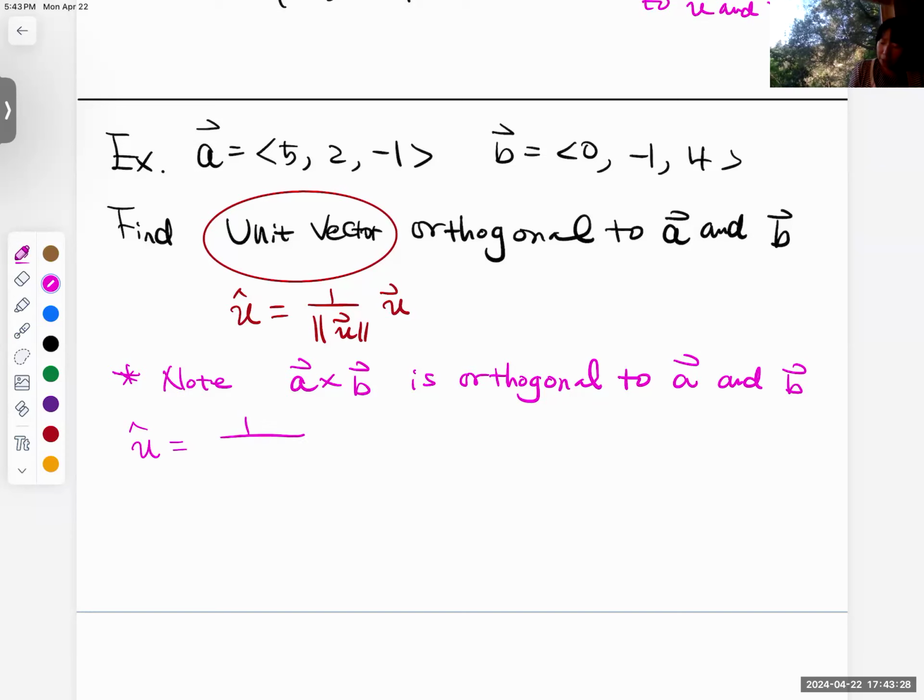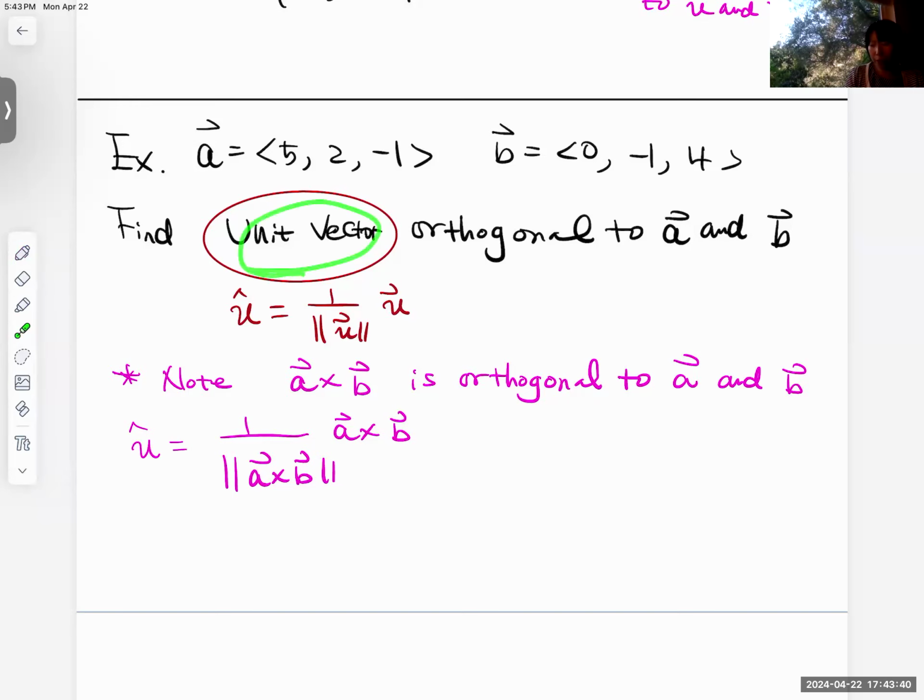And then now we express A cross B with a magnitude, and then A cross B. That will be the unit vector orthogonal to A and B. All right, so this is the one. Basically we are using the unit vector formula. We just change U to the cross product of A and B. Okay, let's do that.